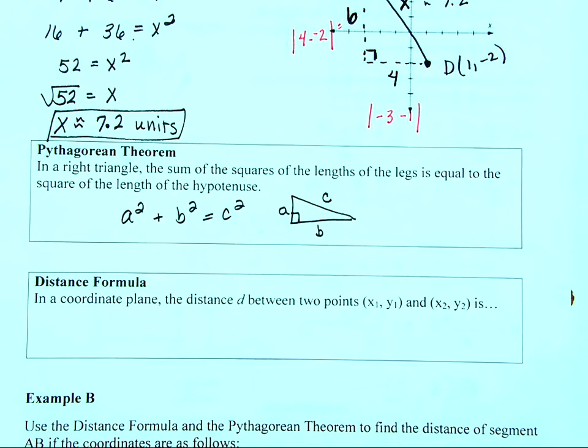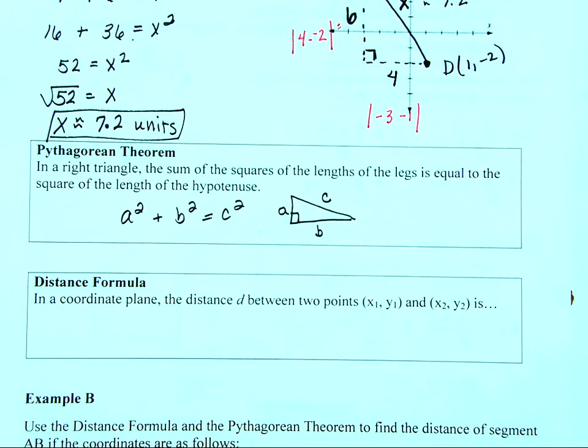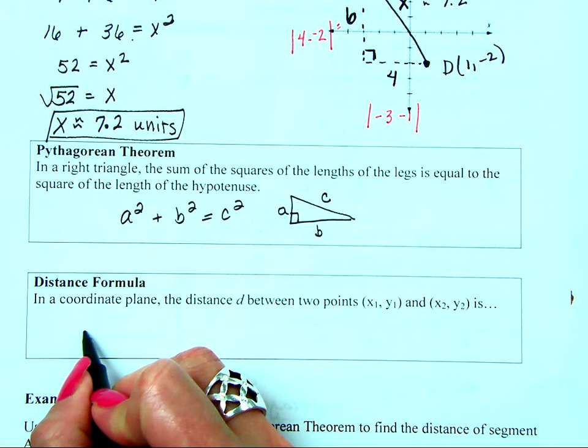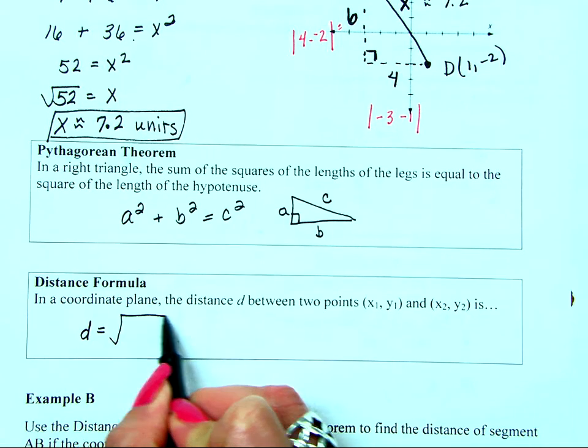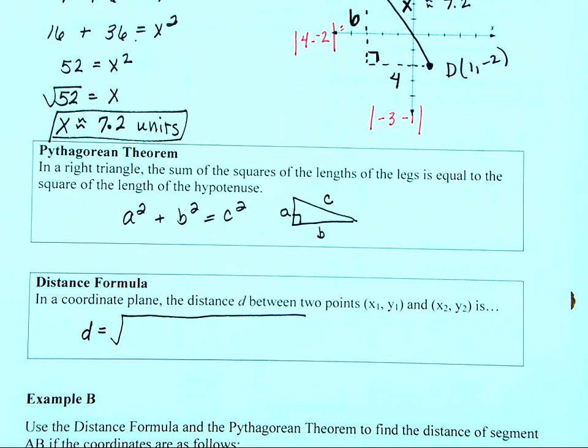The distance formula is derived from the Pythagorean theorem. This is the way it's going to look in your book. You're going to have D equals, and they're going to have this big square root sign.